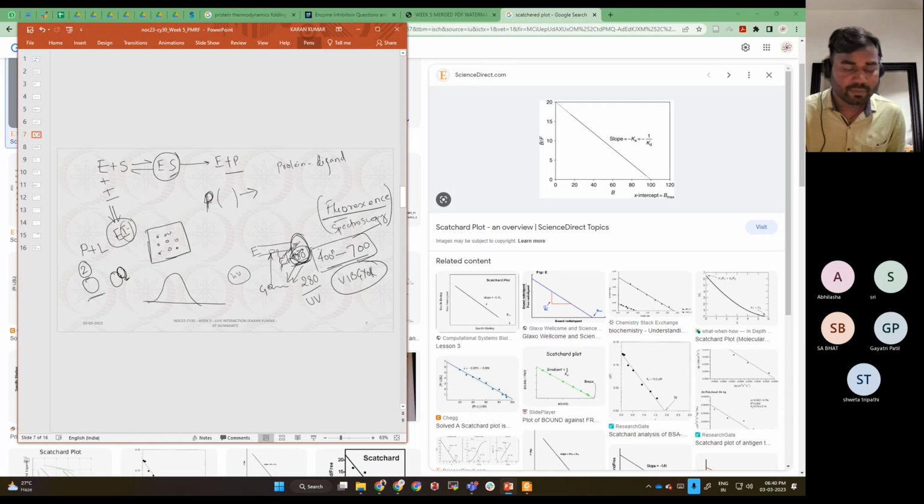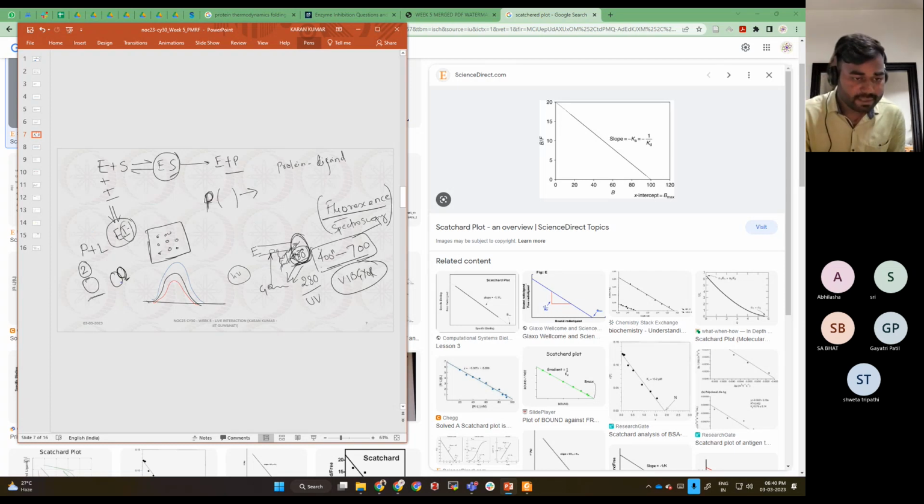So you will see some change, either a decrease or an increase, in the spectral observation, right? This is what you observe in fluorescence spectroscopy.